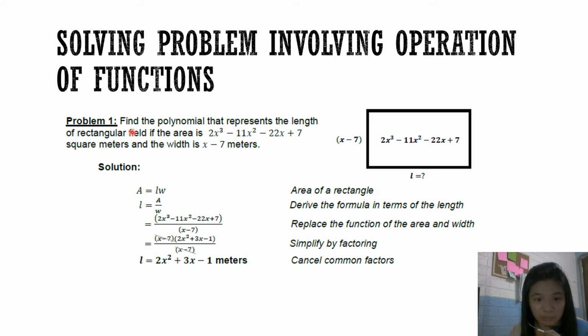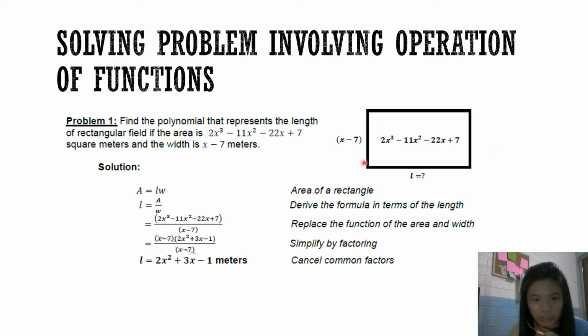So here's the problem. Find the polynomial that represents the length of a rectangular field if the area is 2x cubed minus 11x squared minus 22x plus 7 square meters, and the width is x minus 7 meters. So, ayun nga. First thing we do is we draw.